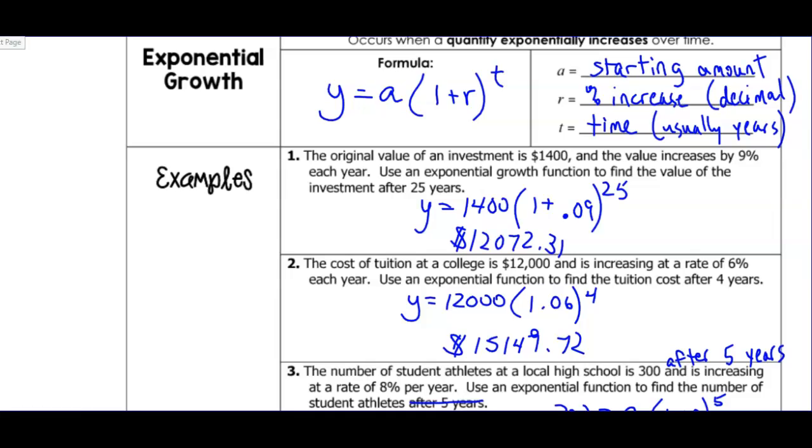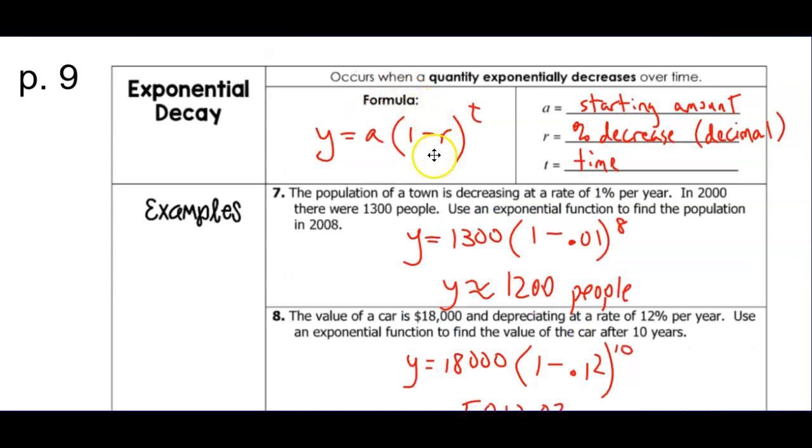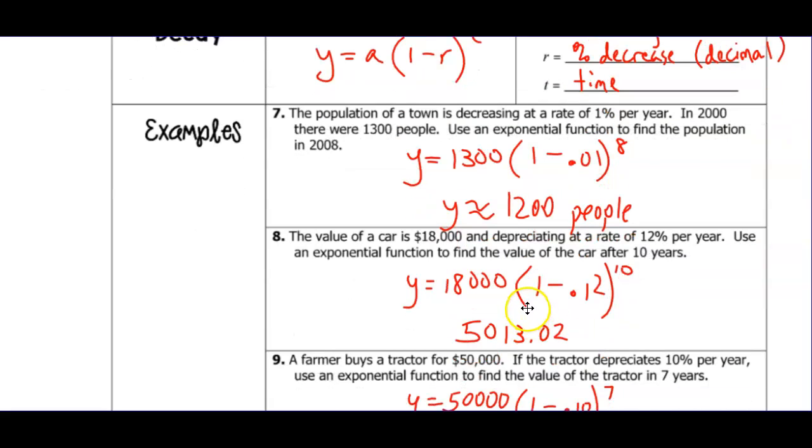When we switched over to exponential decay, the only thing that changed is that we subtracted the rate instead of adding it. The terms you're looking for there are decreasing or depreciating. Anything with "de" in front of it means it's going down, so you're subtracting the rate instead of adding it. Otherwise, everything's the same. Starting amount goes in front, time goes on top, and you plug it into your calculator.